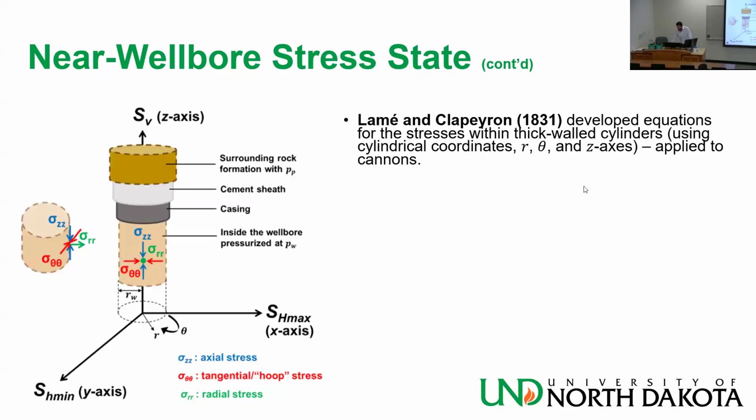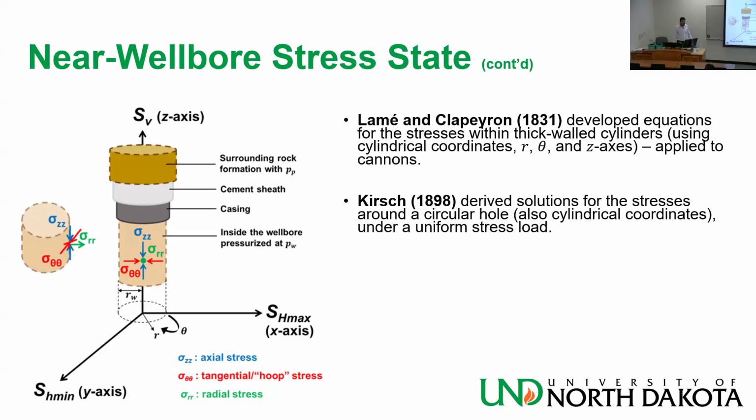And then later in the 19th century, Kirsch came, Gustav Kirsch. He was a German mechanical engineering professor who took the Lamé equations and applied them to a fully theoretical problem. He said, imagine I have a plate. It was something like this. I have a square plate.